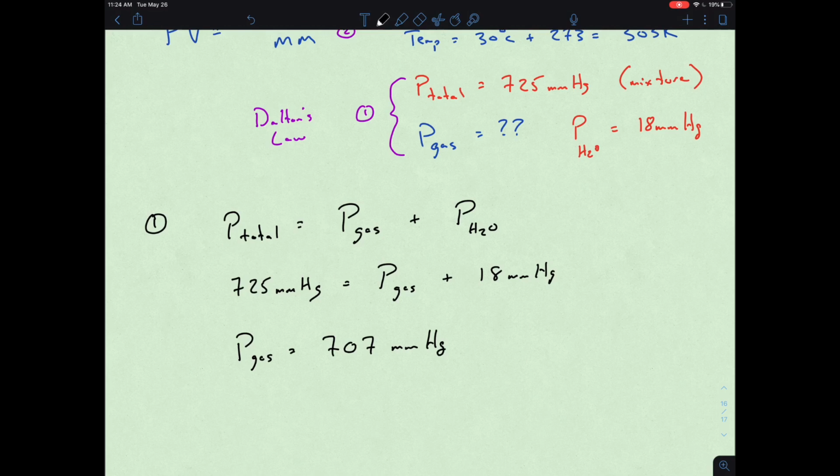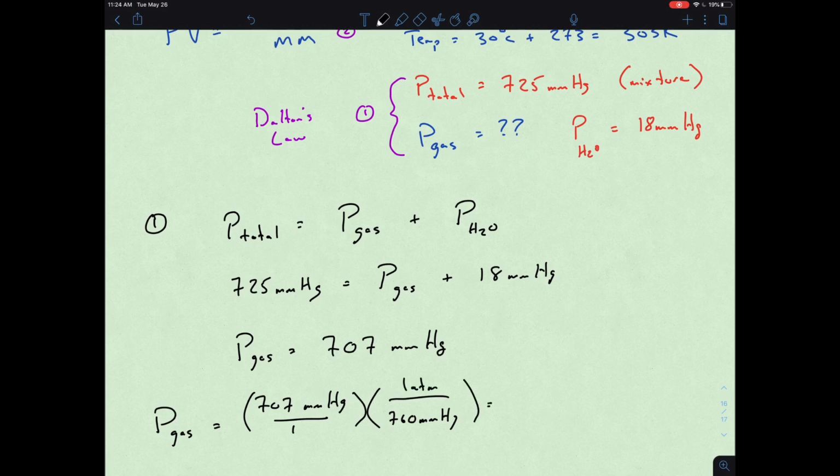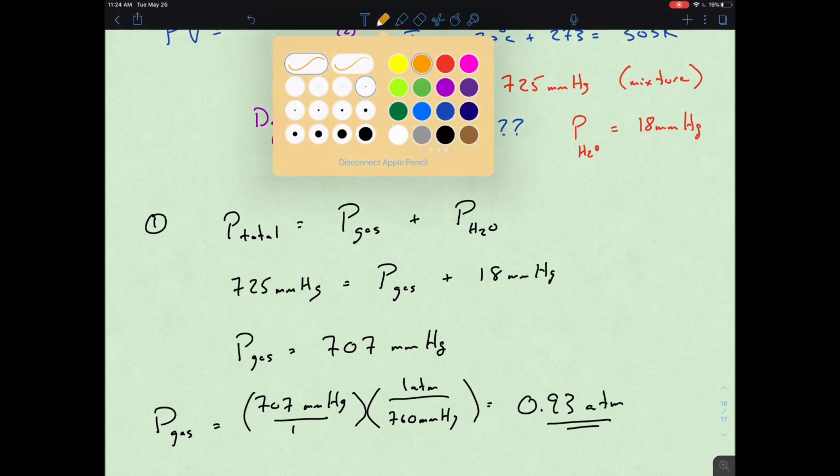We'd want to do a conversion before going straight to the equation because of our gas law constant. That's in terms of atmospheres, not in terms of millimeters of mercury. So we would need to divide by 760 millimeters of mercury to get that value in terms of atmospheres.